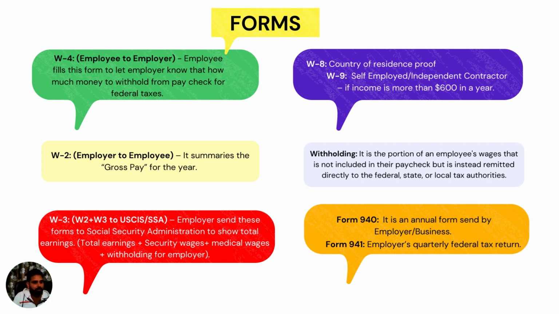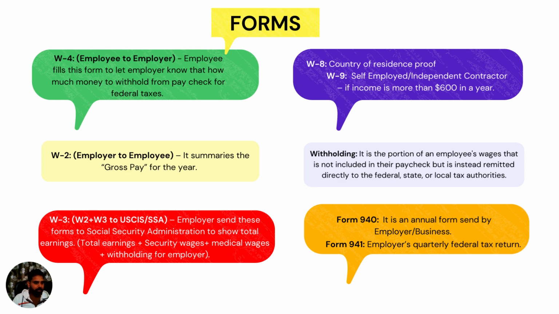So the W9 form is for the independent contractor. Now two more forms, form 940 and 941. 940 is the annual form, 941 is the quarterly form. Both forms are filled by the employer.